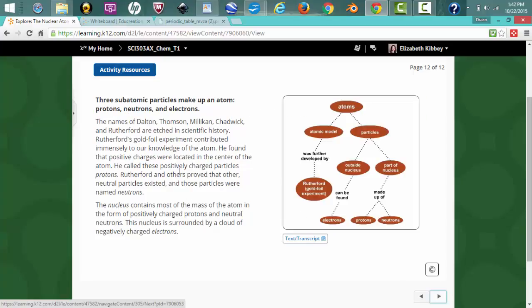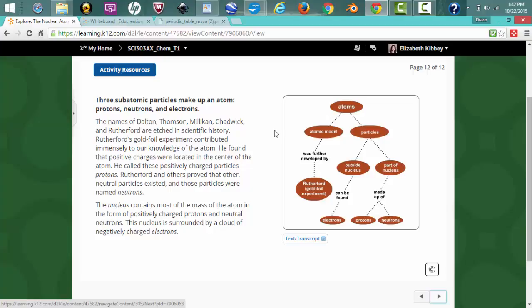Well, this is the end of this lesson, but it says 3 subatomic particles make up an atom: protons, neutrons, and electrons. The names of Dalton, Thomson, Millikan, Chadwick, and Rutherford are etched into scientific history. Rutherford's gold foil experiment contributed immensely to our knowledge of the atom.